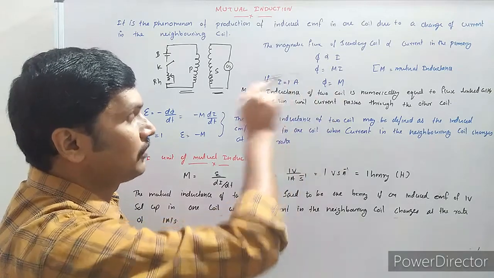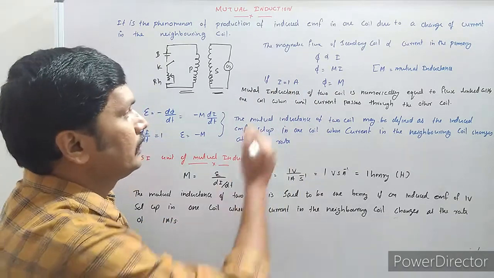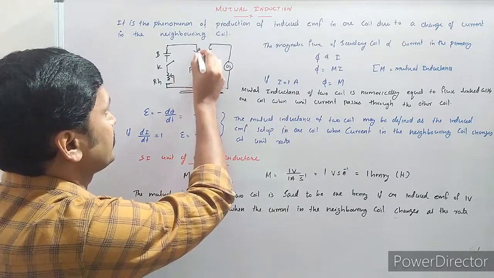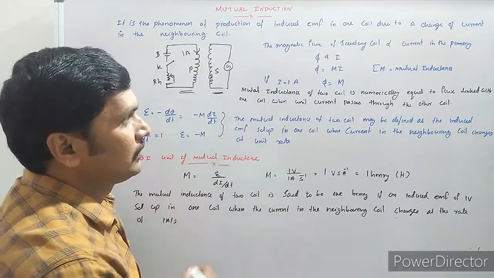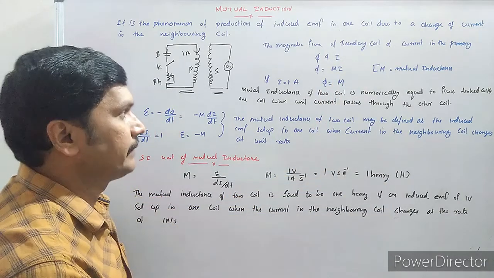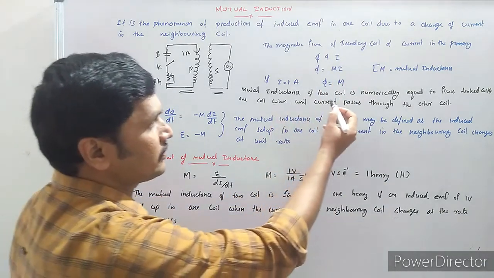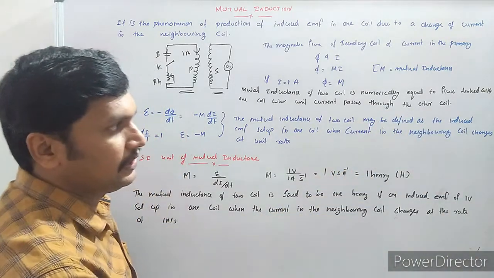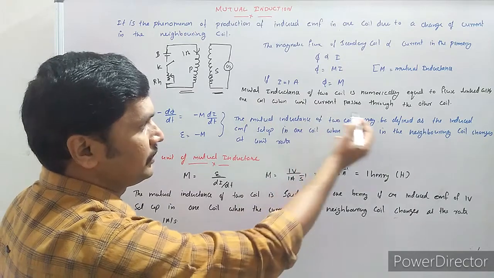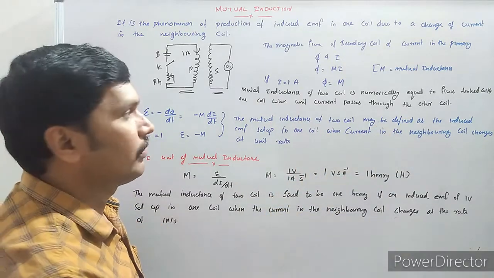Let us see a definition for that coefficient. Suppose I is equal to 1 ampere, that is, 1 ampere current is passing through the primary coil. Then substituting I equal to 1 ampere, phi is equal to M. So the mutual inductance of two coils is numerically equal to the flux linked with one coil when unit current passes through the other coil.